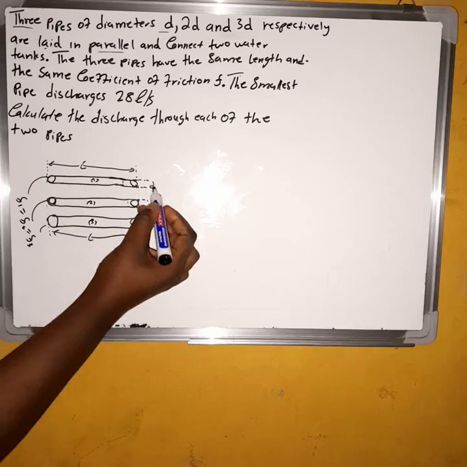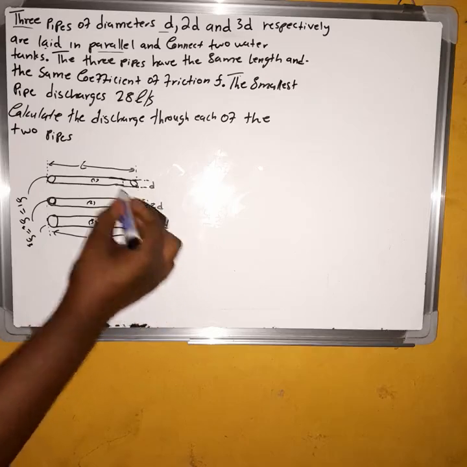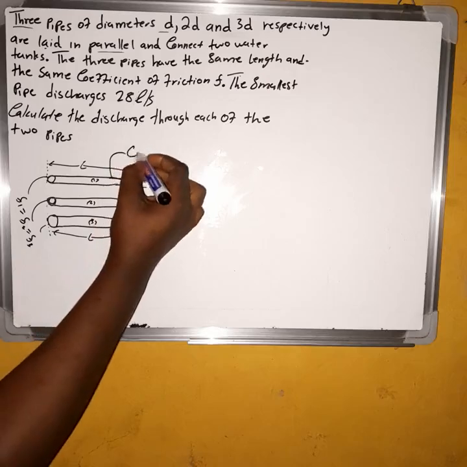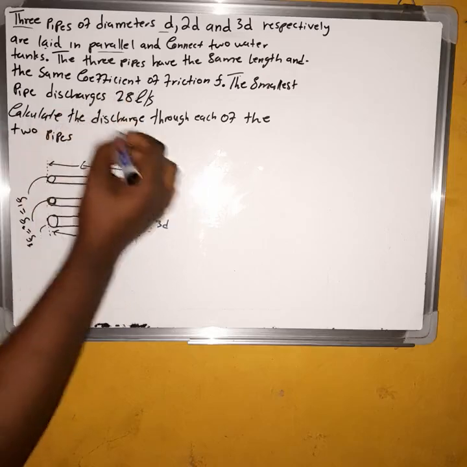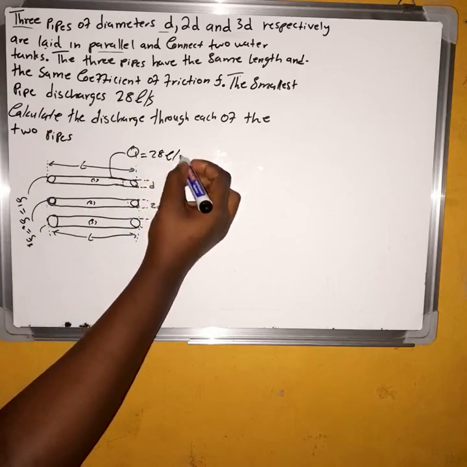Obviously, the small one is D. It's like 1, 2, 3. 1 is smaller than 2. We have the Q for this pipe, and they say it is 28 liters per second.